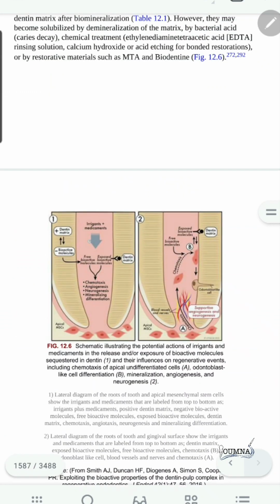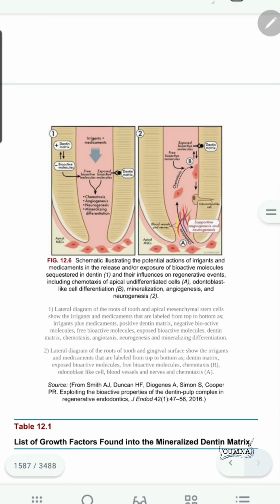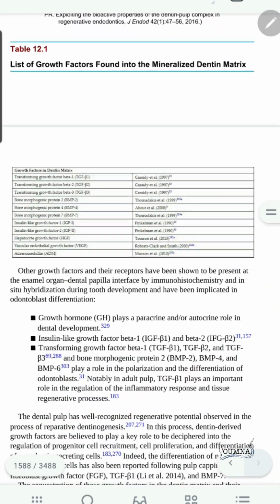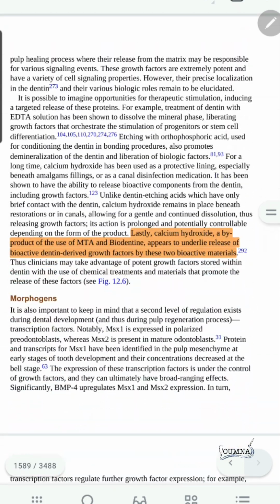So at the end we get different types of mineralized tissue inside the pulp, but we also get the closure of the apex, what is called the apexogenesis.